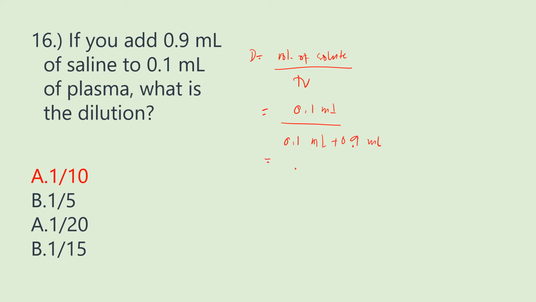So you have 0.1 ml over 1 ml. So to make this one, you have to multiply it by 10. So times 10, you are going to move one decimal place kasi may isang zero si 10. So that becomes 1. And then, 10 times 1 is 10. So you have the dilution, which is 1 over 10.